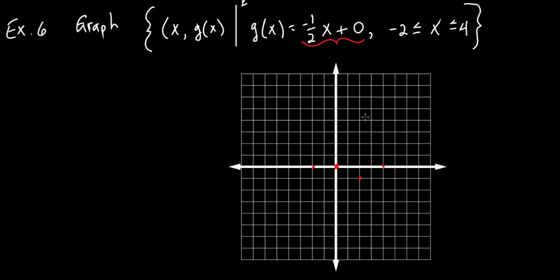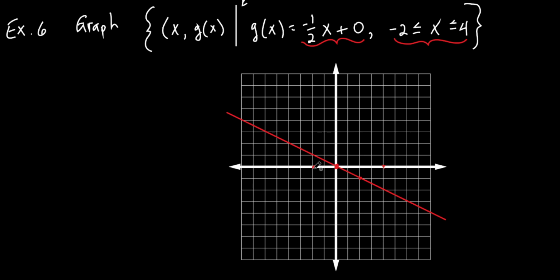Now normally, we would draw it all the way out to here, wouldn't we? But not now. Why not? They've restricted us. We can only use the x values between -2 and +4. So let's see where we have to start and end this thing.